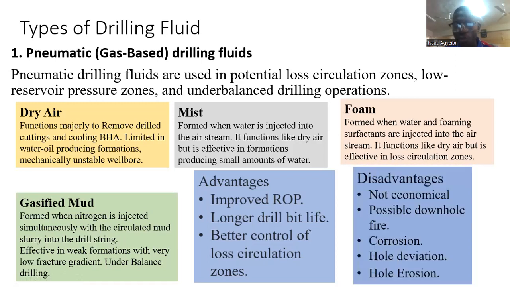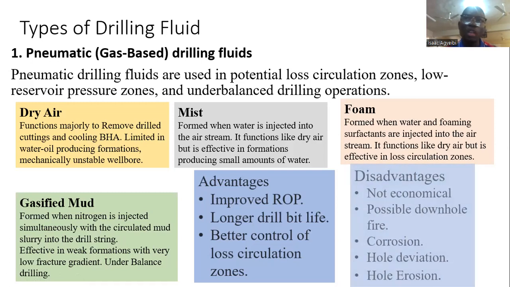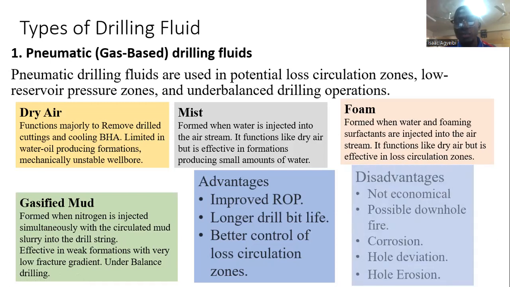Then we can have the possibility of corrosion. Remember, you can have acidic gases mixing with your drilling fluid, which is gas-based. When these acidic gases are in contact with metals, they can corrode the surface of the metals. We can also have the possibility of hole deviation.